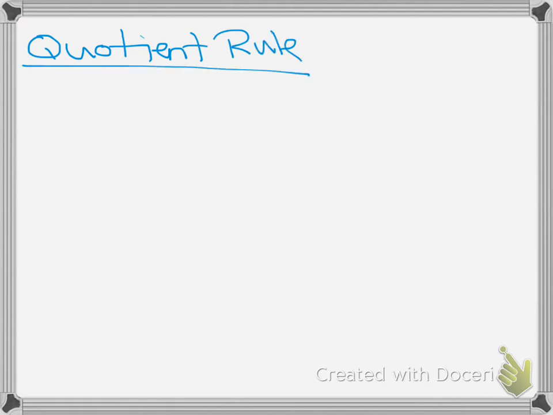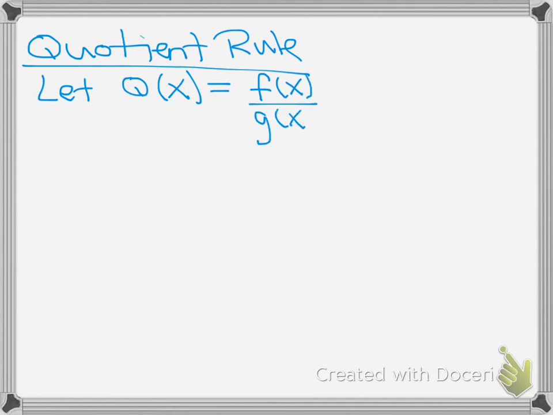We have one last rule that I want to talk to you about, and that is the quotient rule. So let's title this our last section right here, the quotient rule. And the quotient rule says, let Q of x equal f of x divided by g of x.